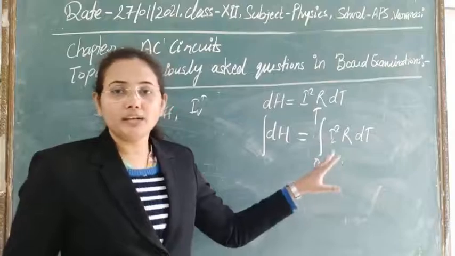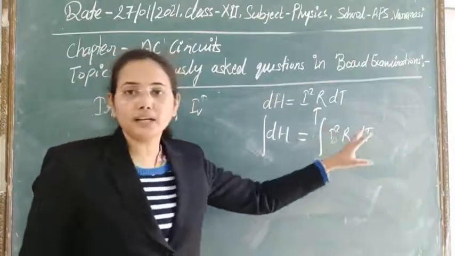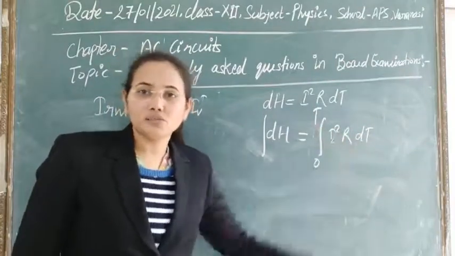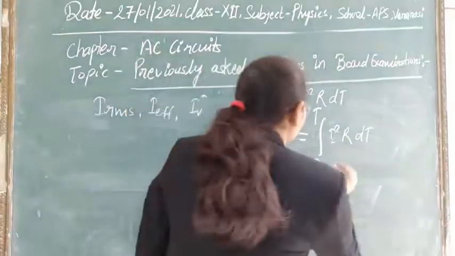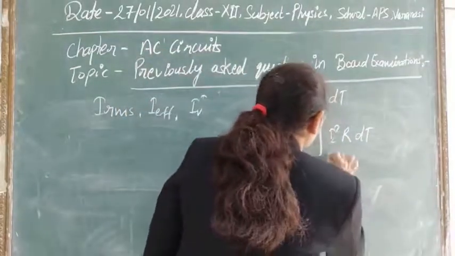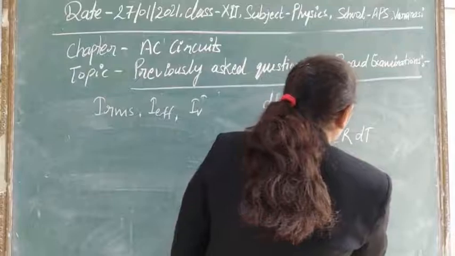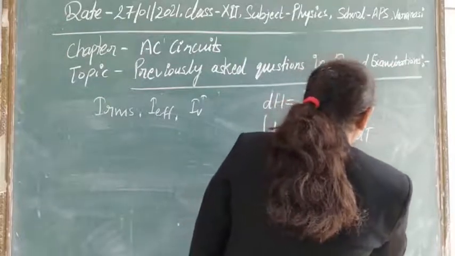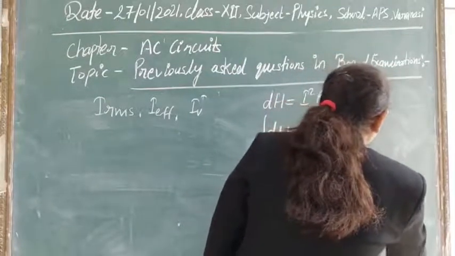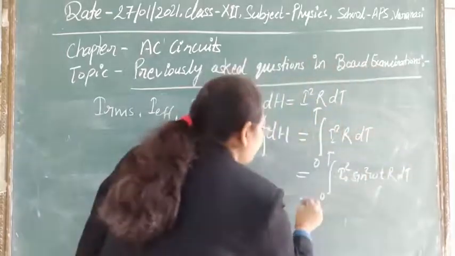Now you can put the value of I here, I0 sin omega t, and after that you can solve it easily. This will be I0 square sin square omega t R dt.